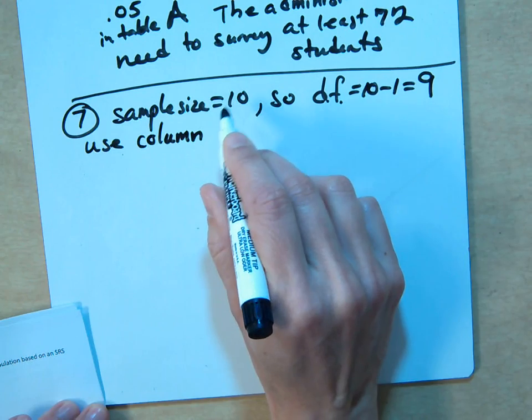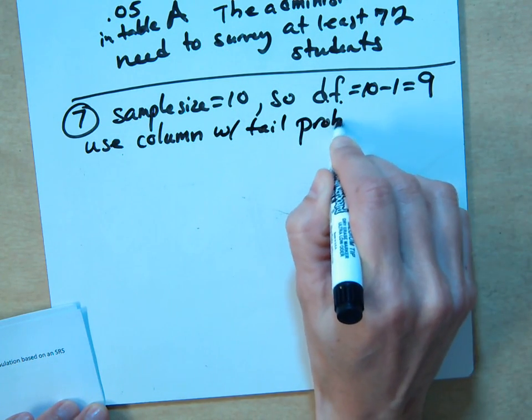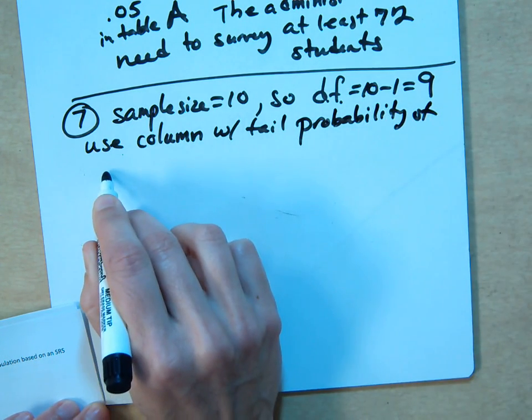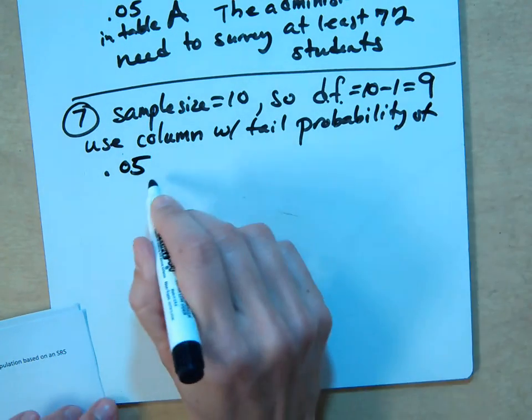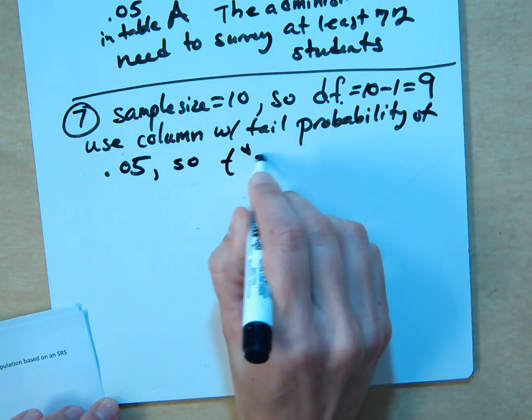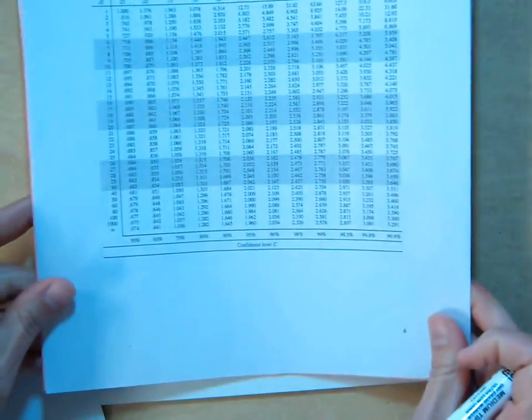Use the column with tail probability of 0.05. Okay, so the critical value T star equals, and so here's table B.